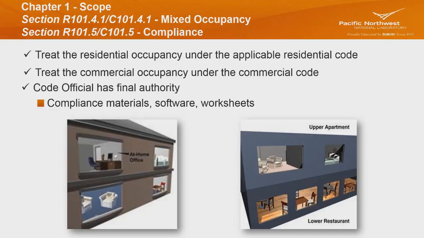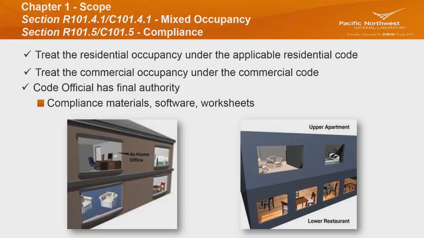So if I have a 2-story building and I have residential, I have a house on the top floor, and maybe I have an office on the first floor, I'm going to have to separate those 2 out and have 2 different compliance reports that I would be submitting. So you treat your commercial occupancy through the commercial code, your residential through the residential code.